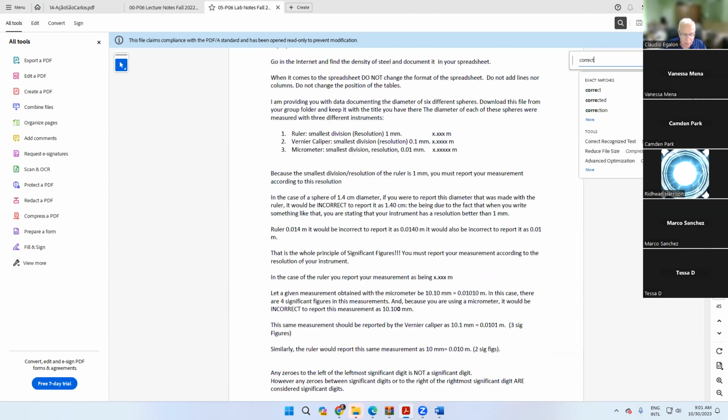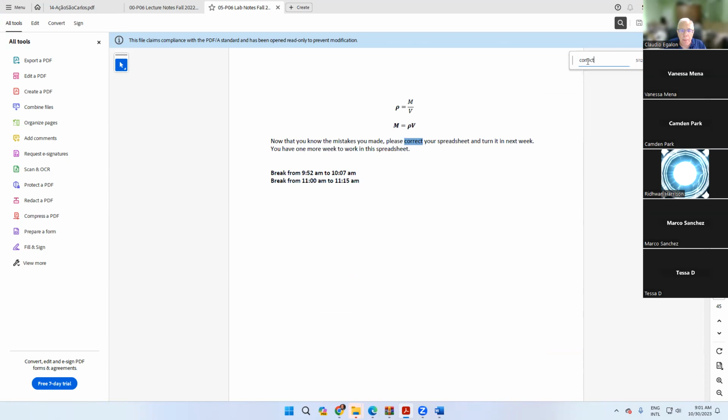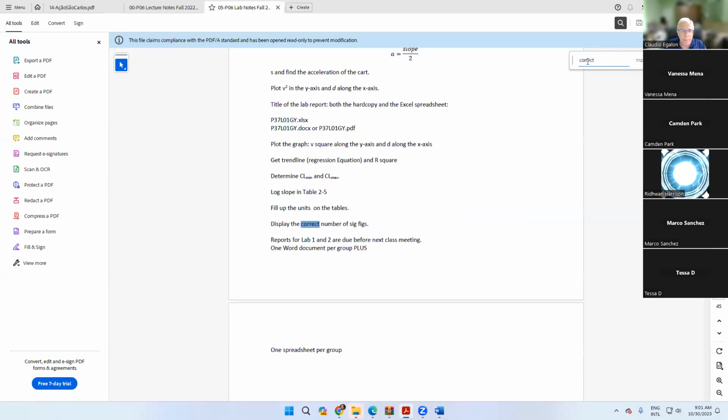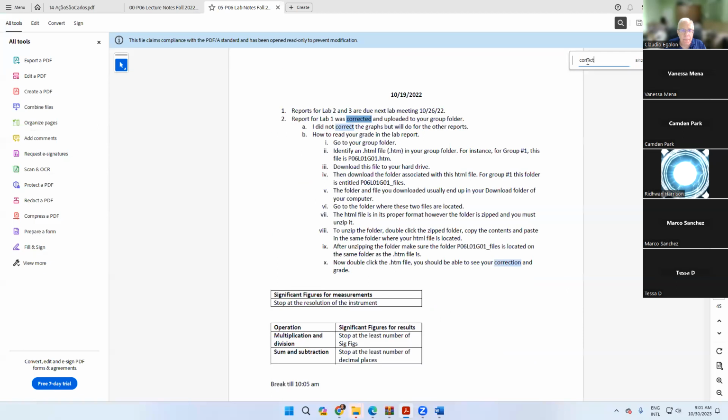Corrected. Okay, lab 1 was correct. Okay, good. That's what I want. So those are the instructions on how to access.